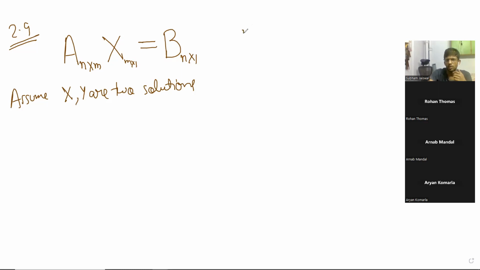You can also just write a 2 by 2 case, get some inspiration like this. So if this system has two solutions, why are there infinitely many solutions?